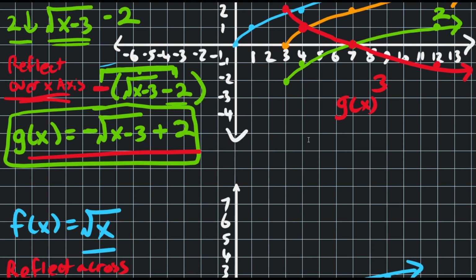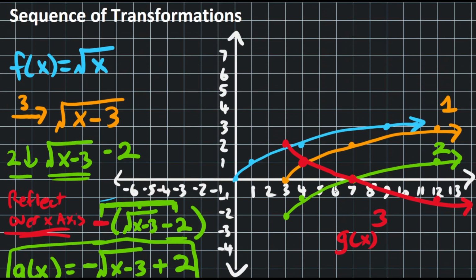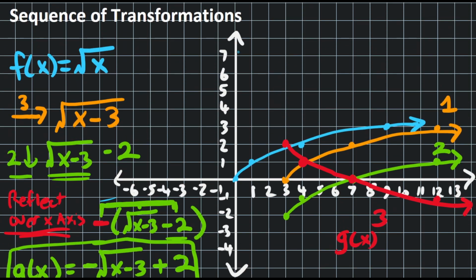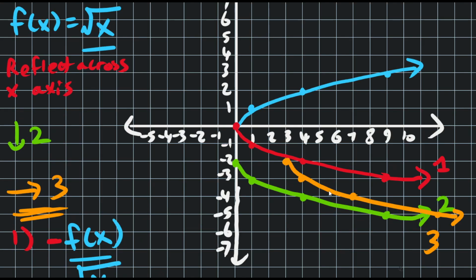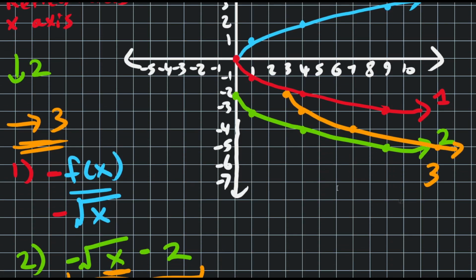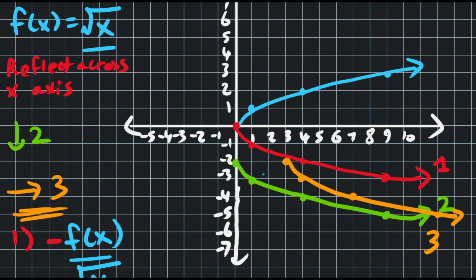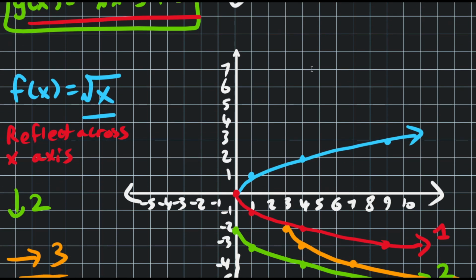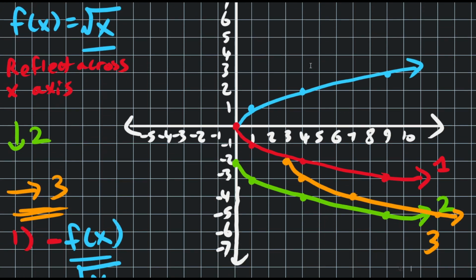We both started with the same blue function in the first graph and in the second graph. But for the very last step, in red up here, we have this function in red. And then down here, the last step is green. We have this function in green. So it's very different than the red function up here. So that's why the order in which you do the sequence matters.